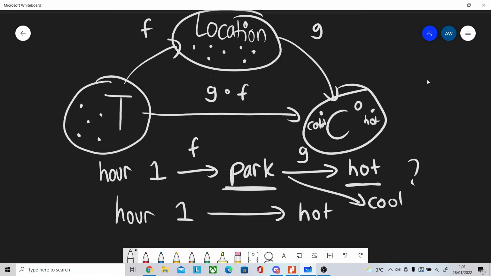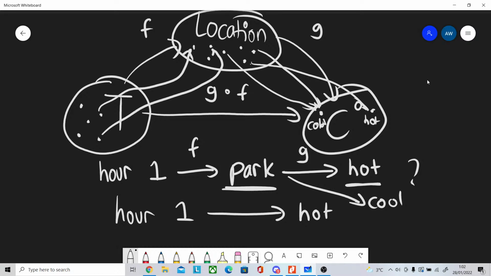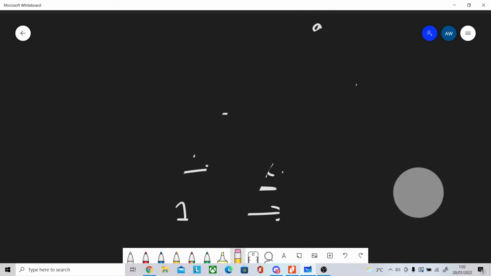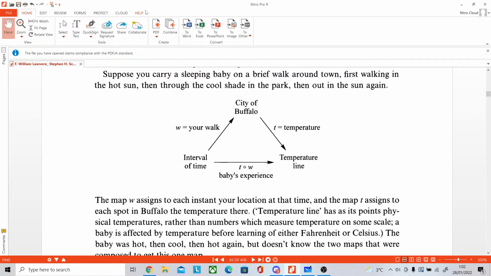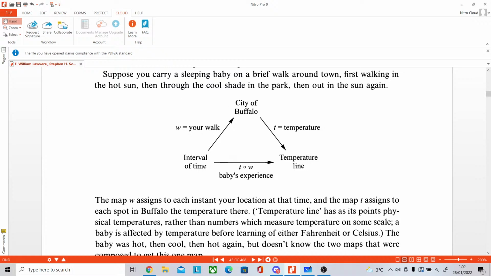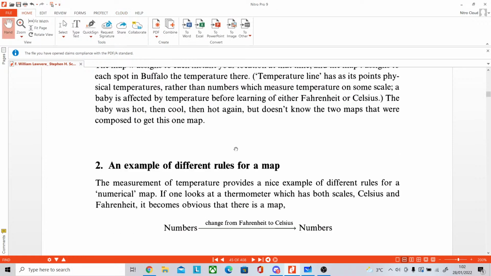And then a location can either be hot or cold, right? So at time 1 you were here, at time 2 you were here, at time 3 you were here. And then if you want to figure out how the baby is feeling at a certain point in time, you just have to follow the arrows around, i.e. just compose the two maps together. So that's probably what it meant, but like I said, there are some issues which I mentioned.